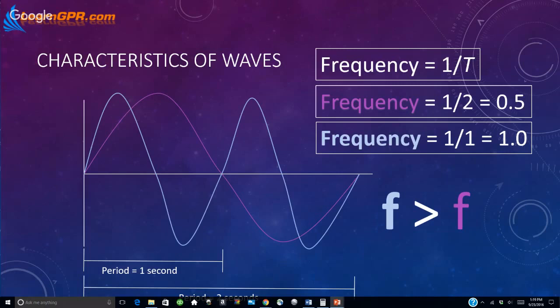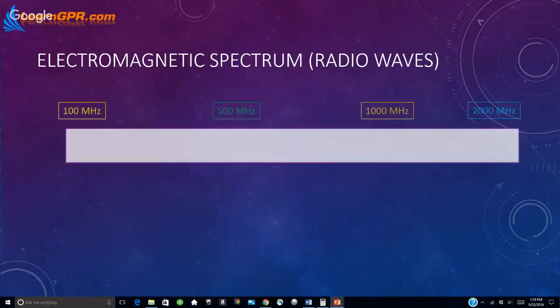This is critical because there's a range of frequencies that GPR antennas have, and I'll show you a general range here, so you can understand how deep or how shallow a GPR antenna can prospect. The general range of most GPR frequencies is about 100 megahertz to 2000 megahertz.